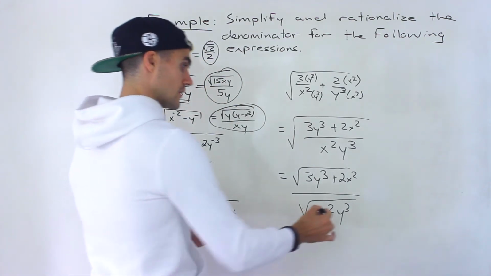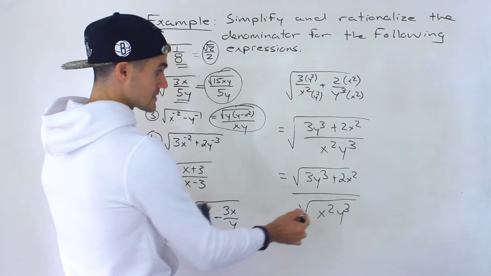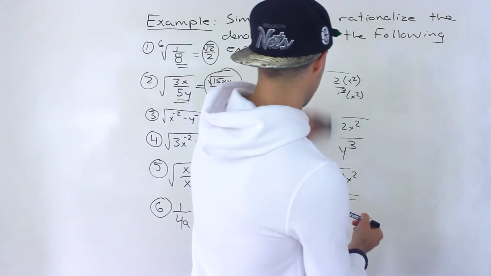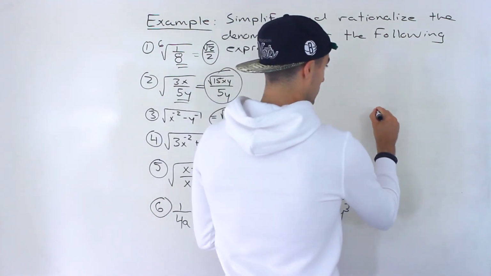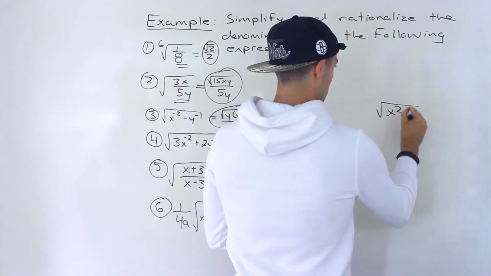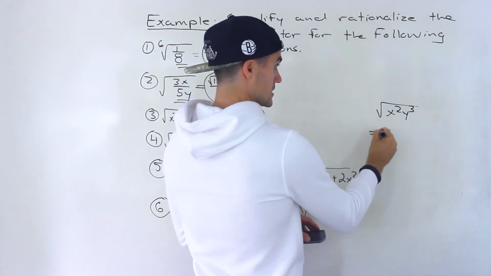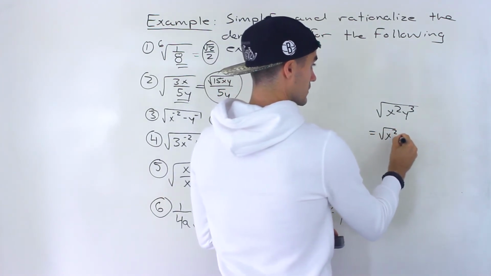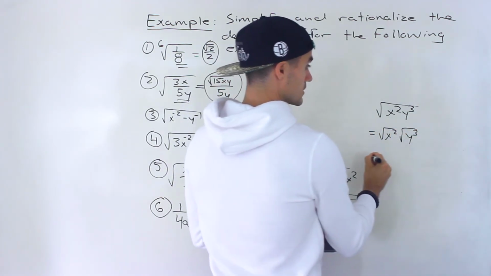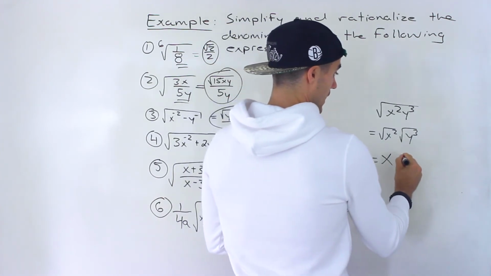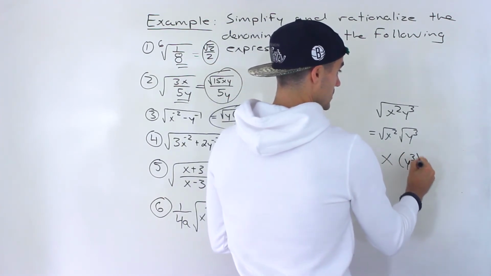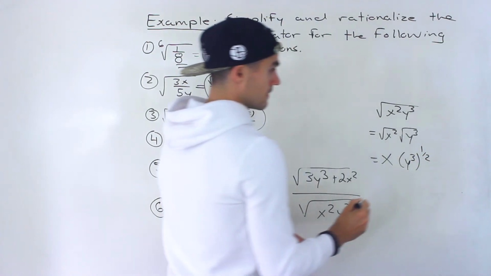Okay, so from here, again, if you want, you can rationalize this, but I would simplify that denominator first. This ends up being the square root of x squared, square root of y to the 3. The square root of x squared is just x. This we can rewrite as y to the 3 to the power of a half.